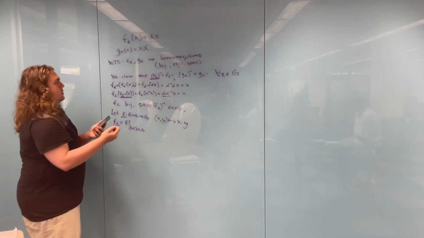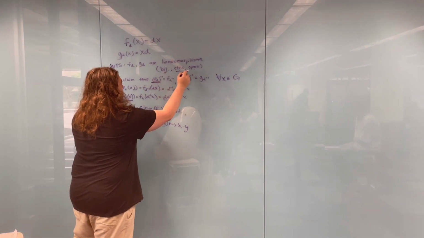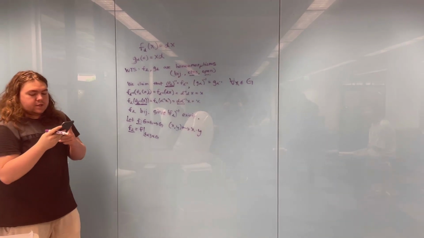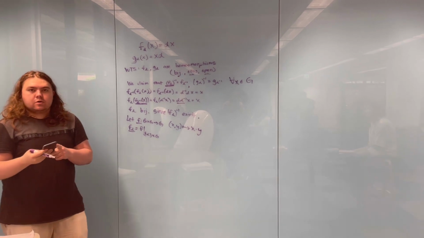So that has shown all three of these conditions that we wanted to show. Thus, F alpha and G alpha are homeomorphisms.